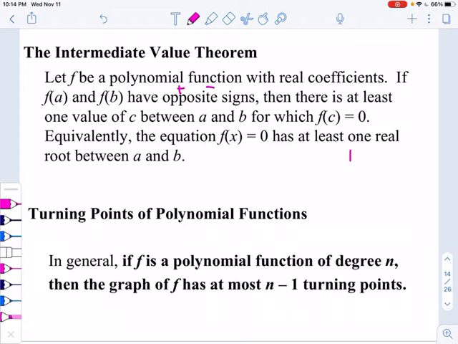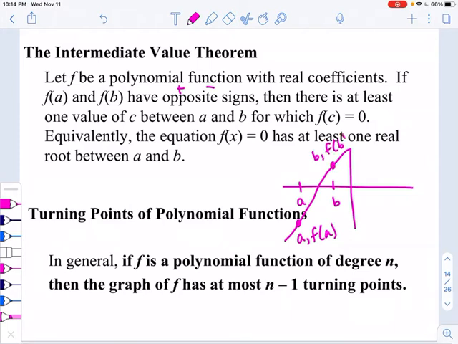A whole bunch of words, and a whole bunch of what in the world does that mean? So what happens is if I were to take a graph and pick an a value here and a b value here. They're saying if f of a and f of b are opposite signs, I have a, comma, the value of the function at a, and I have b and the value of the function at b.